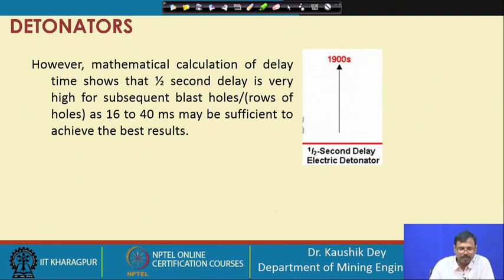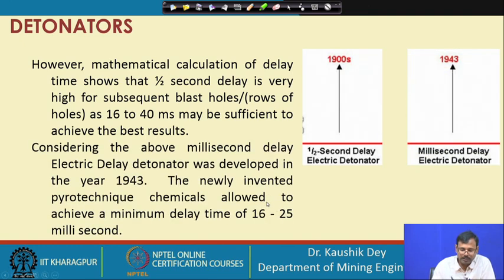So, mathematical calculation gives that 16 to 40 millisecond may be sufficient for those consecutive holes, which could not be achieved by a half second delay detonator. So, that is why this was not found very suitable for blasting of consecutive rows of holes, and till 1943 people were trying to develop such a type of delay detonator where 16 to 40 millisecond delay can be achieved.